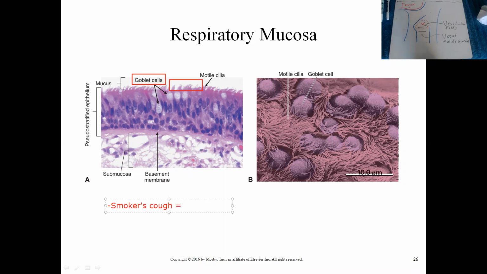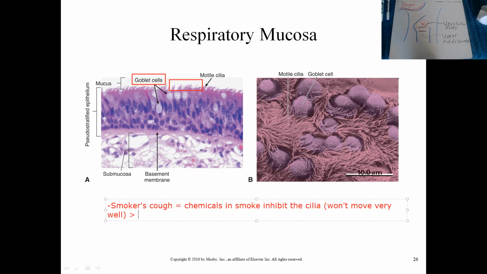and that comes about because the chemicals in smoke, like cigarette smoke, will, I don't want to say this exactly, will inhibit the cilia, meaning that the cilia won't move very well.